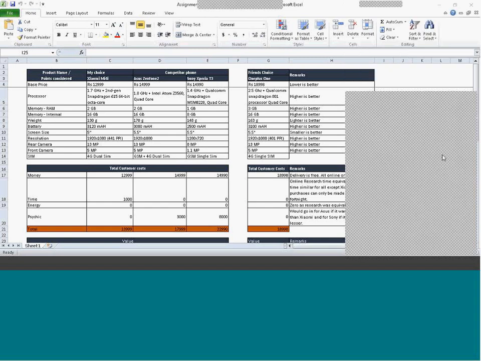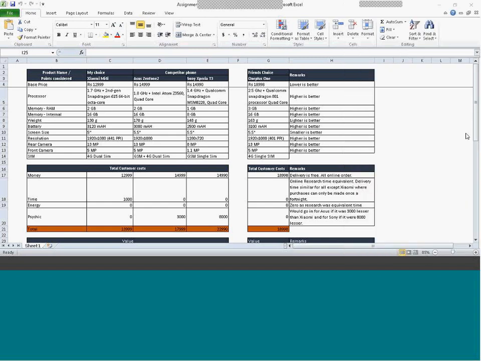You will have a different competitor. You will have your own choice. You will define your own product, and all its parameters there.